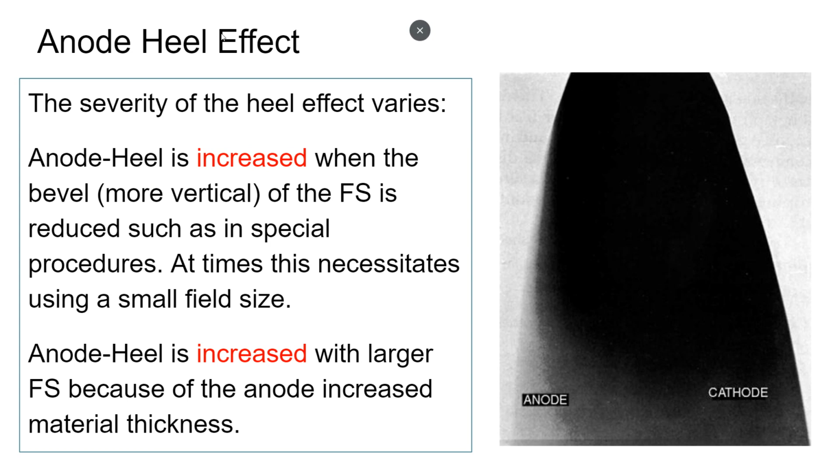So anode heel is going to happen more often or be more intense when the angle is more vertical, when the angle of the focal spot is reduced. So when angle is reduced, goes down, more anode heel effect. So it's inverse. More X-rays are going to get stuck in the heel, so not coming out, right.